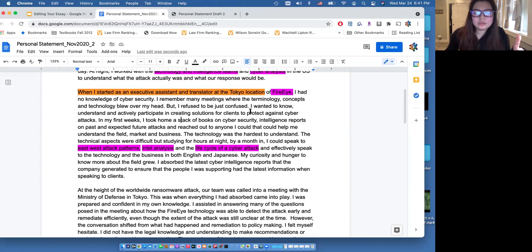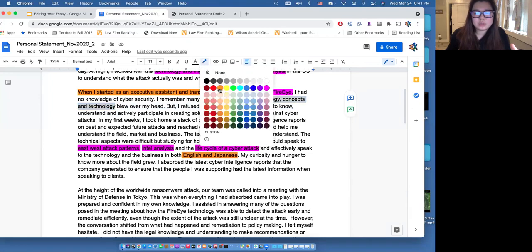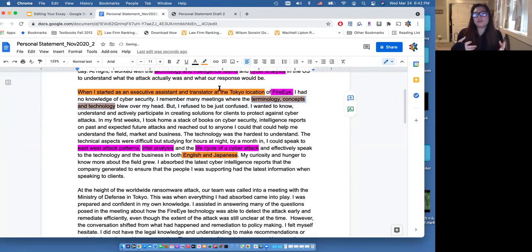So there's this convolution between translation and understanding technology, terminology, concepts. This paragraph is mixing the two together in a way that, when I sit back and read it again, I don't understand what is going on.